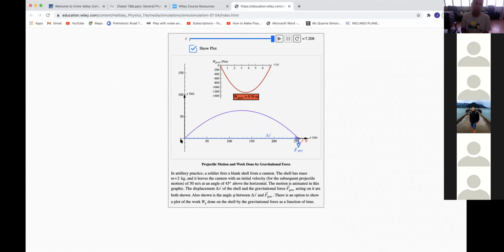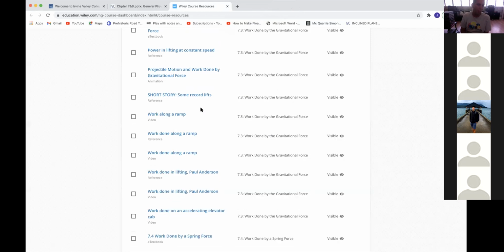But essentially, when it hits the ground, it's going to have the same velocity that it had initially. So what this graph is really showing is the total work done by gravity. As it goes to here, it reaches the maximum, and then the work done by gravity starts reducing down.